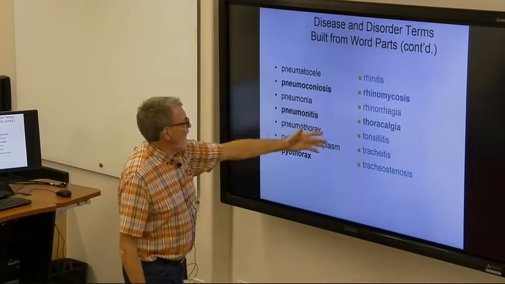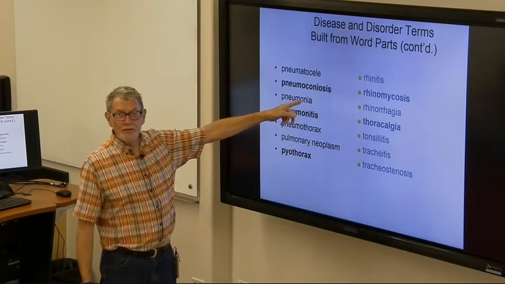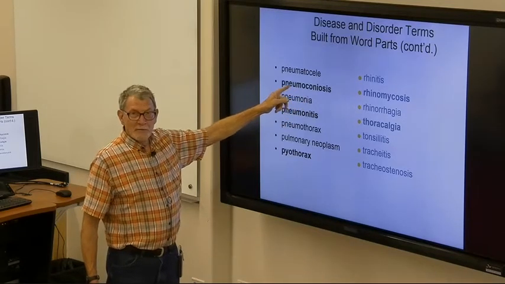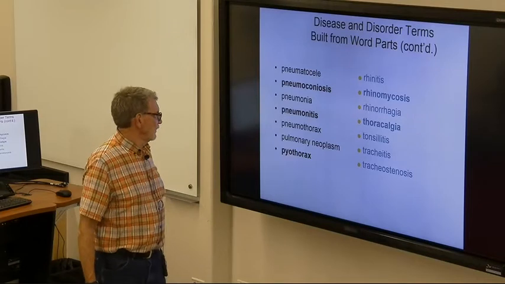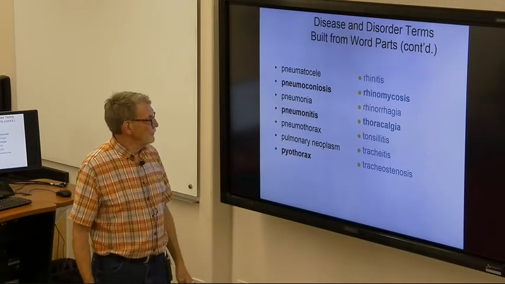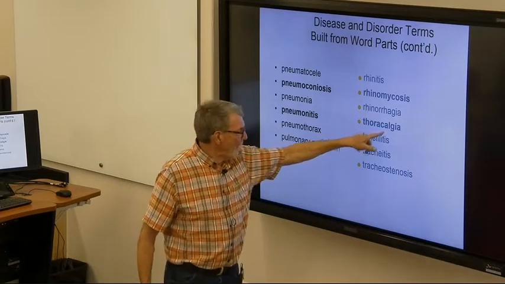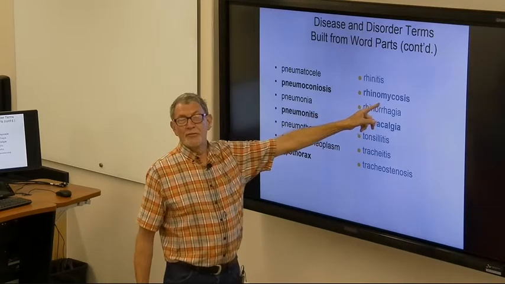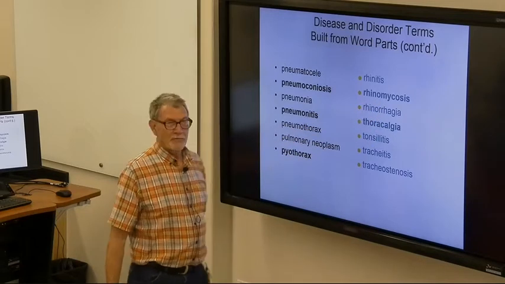Here we have pneumoconiosis, condition caused by dust in the lungs. Pyothorax, pus. Thoracalgia, pain. Rhinomycosis, fungus.